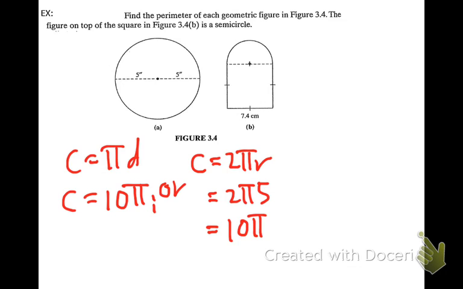The double apostrophe after the 5 means inches. One apostrophe means foot. So we've got 10 pi inches squared for my circumference. No, it's not inches squared, sorry. Circumference is a distance, so it's just inches. So in both cases, 10 pi inches for circumference.